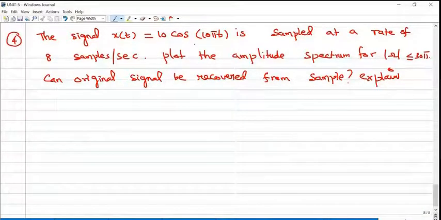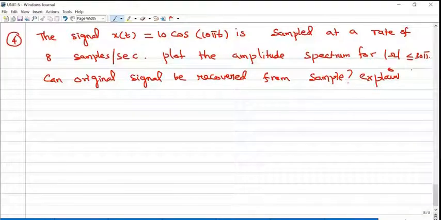Is it possible? Moreover, we need to draw the magnitude spectrum for omega less than 35, meaning right side 35, left side minus 35.